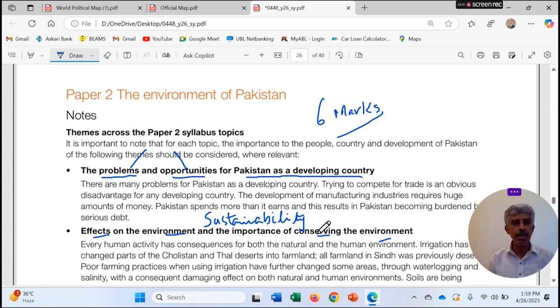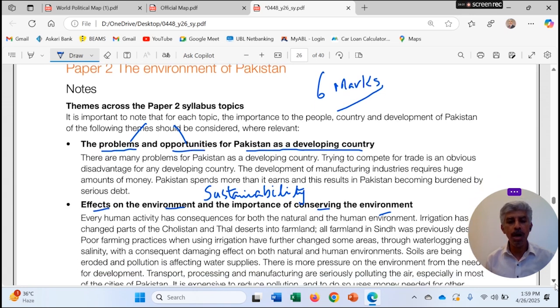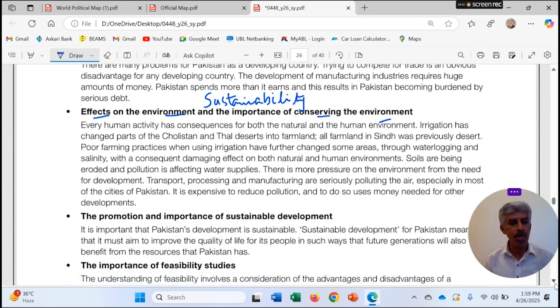This sustainability is related to all the factors: sustainable climatic conditions, sustainable water sources, sustainable forestry, sustainable mineral resources, sustainable agriculture, sustainable mining, sustainable power sources, sustainable population growth, like this. So sustainability refers to all the units you have in your syllabus.